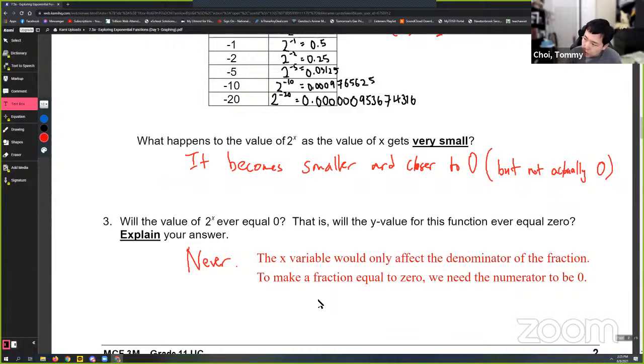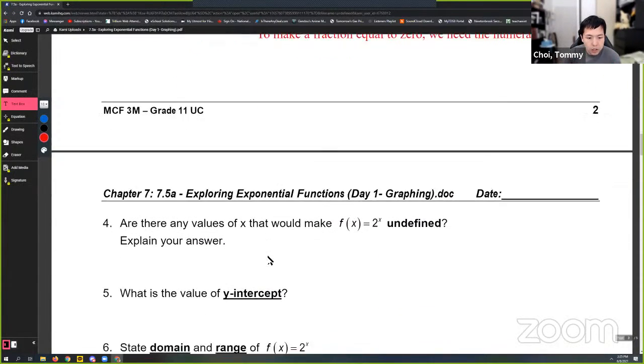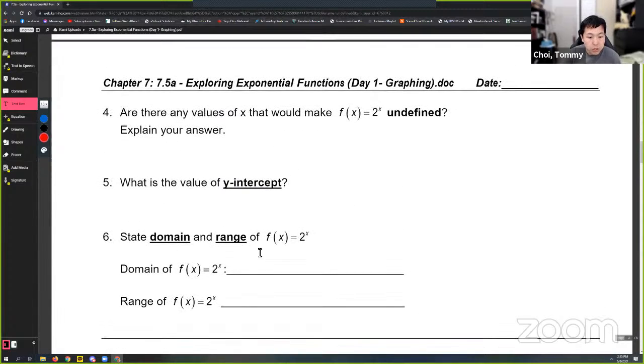So then let's move on into another type of exponential function. Oh, wait, we still have a couple more questions. Are there any values of x that would make f of x equal 2 to the power of x undefined? Is there a number that would make this impossible?